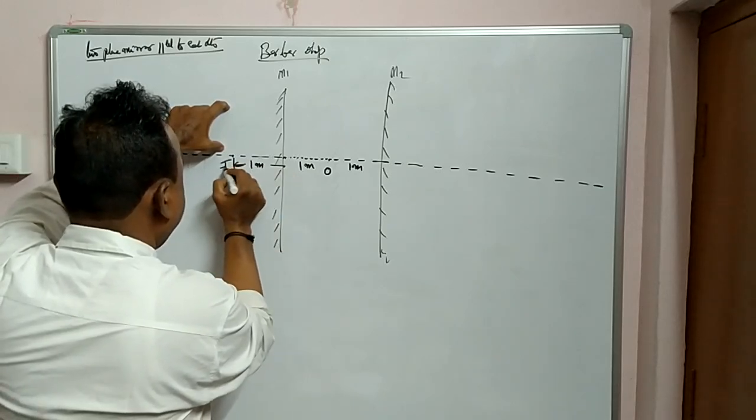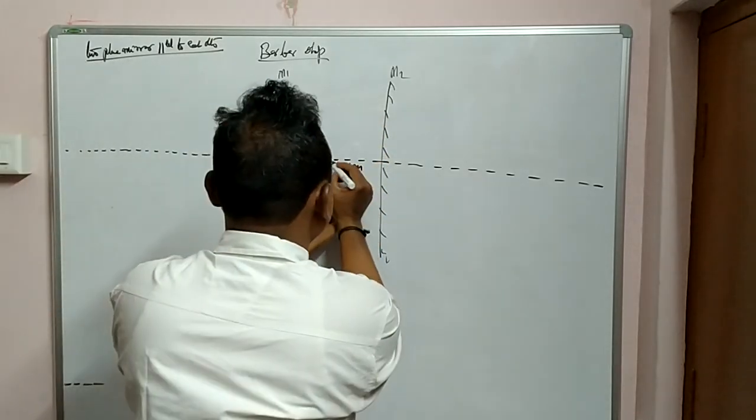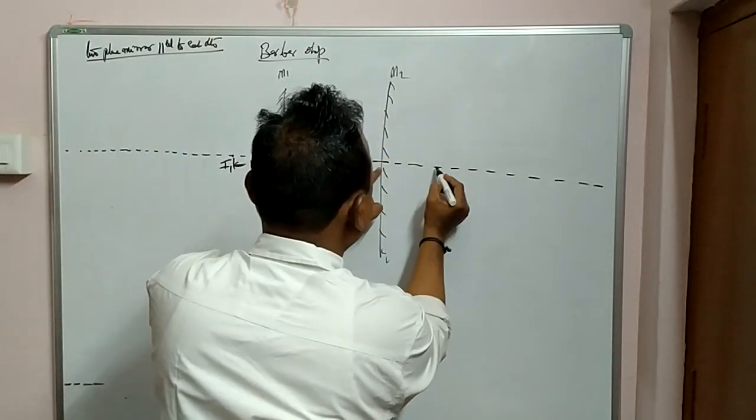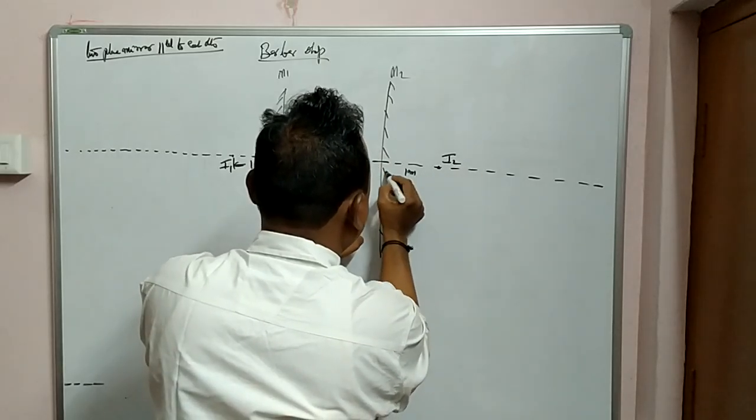This is the first image I1 due to mirror 1. In the same way, due to mirror 2, the image forms exactly 1 meter behind it, I2.